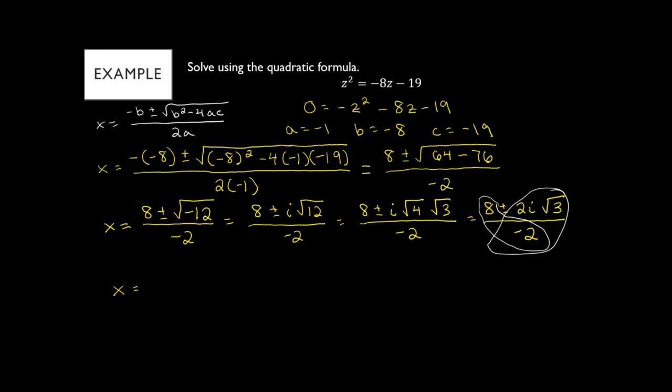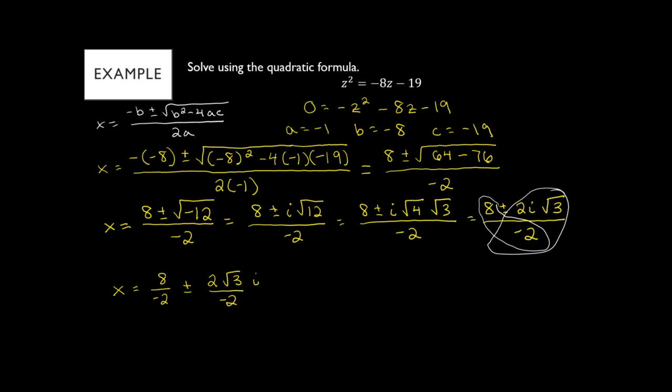So I'm going to have x equals 8 over the negative 2, then my plus or minus symbol, and then 2, the square root of 3, and then the i, if you're going to write it like the book does, and then over that negative 2.